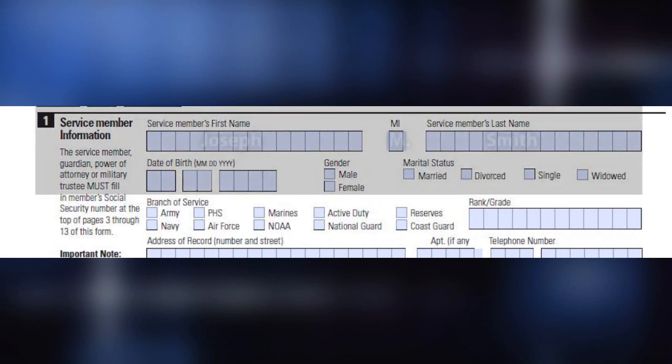First, fill in service member's first name, middle initial, and last name. Next is the date of birth, month, day, and year. Please select your gender next, marital status, married, divorced, single, or widowed.